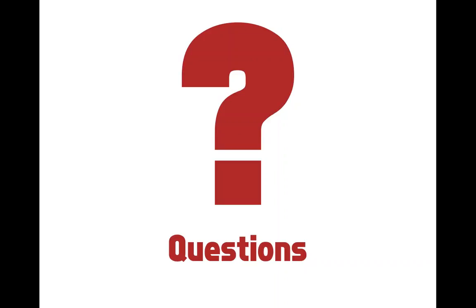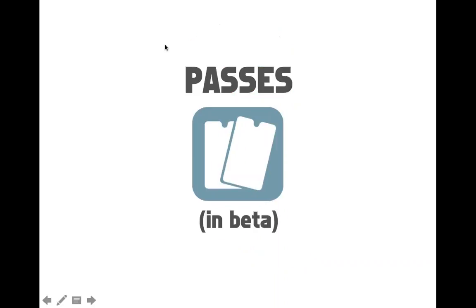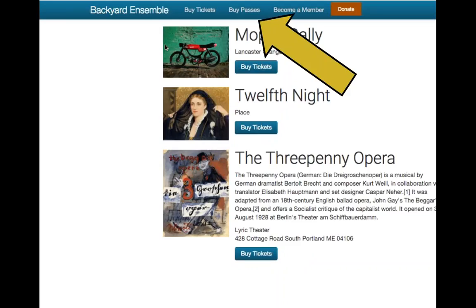Before we get into the donations and CRM portions of Artfully, I do want to talk very briefly about some of our beta features. Right now we're beta testing both season passes and memberships. Season passes allow you to sell a pass for a certain number of tickets.